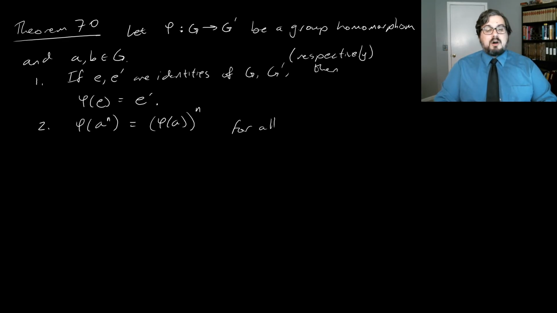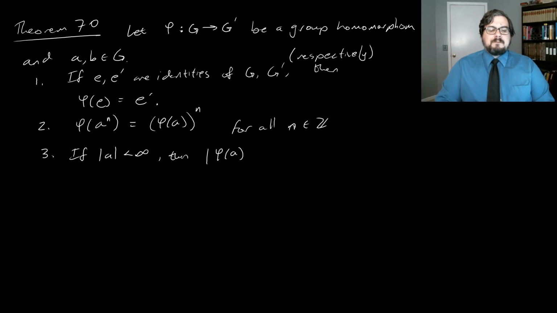And this is for all powers n, including negative ones. Number three, if the order of A is finite, we can't say that the order of phi of A necessarily equals the order of A, but we can say that it divides the order of A. There's a relationship there.